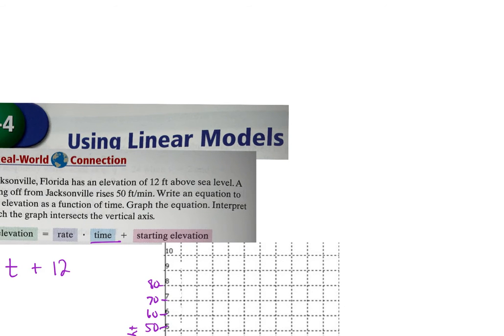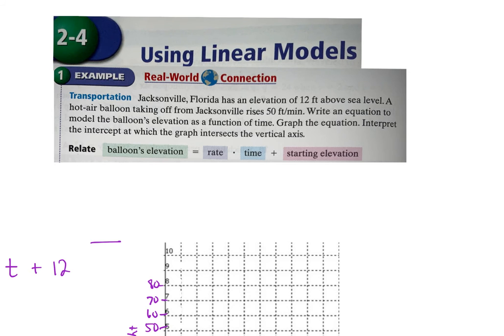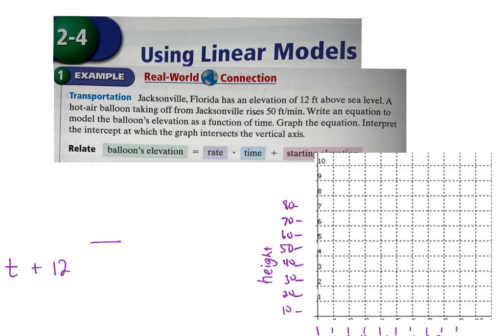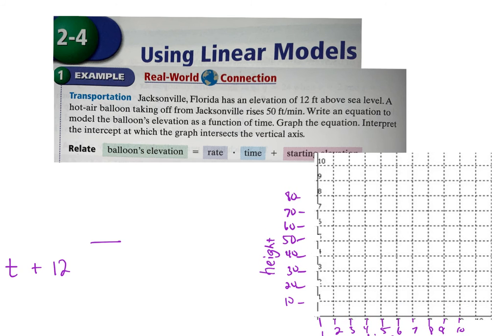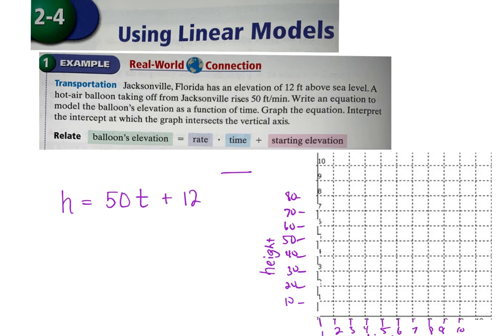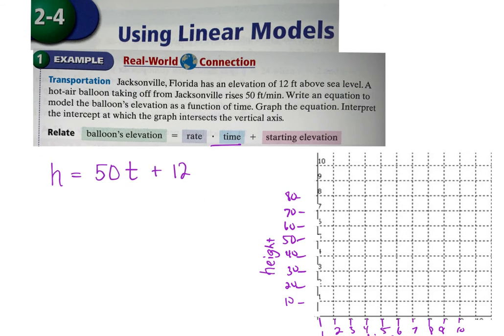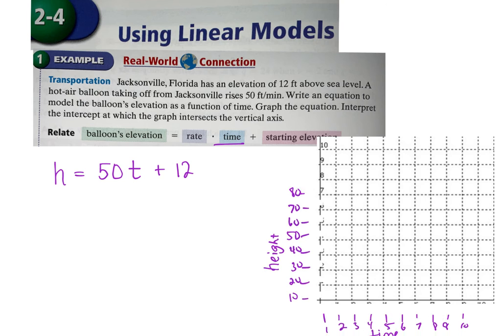So when you're doing this, you don't have to label them exactly the same. Just make sure that whatever you do, you note it on the graph, so that I know what you did, and everybody else, if they were to look at your graph, knows what you did too.